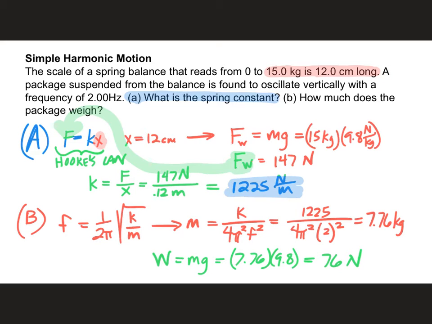Obviously a more or less massive package will oscillate at more or less frequency because of the amount of stretch it would put into the spring and therefore the amount of restoring force. So we saw that much just with the things we did. Heavier masses would get that thing moving faster. Lighter masses, not as much.